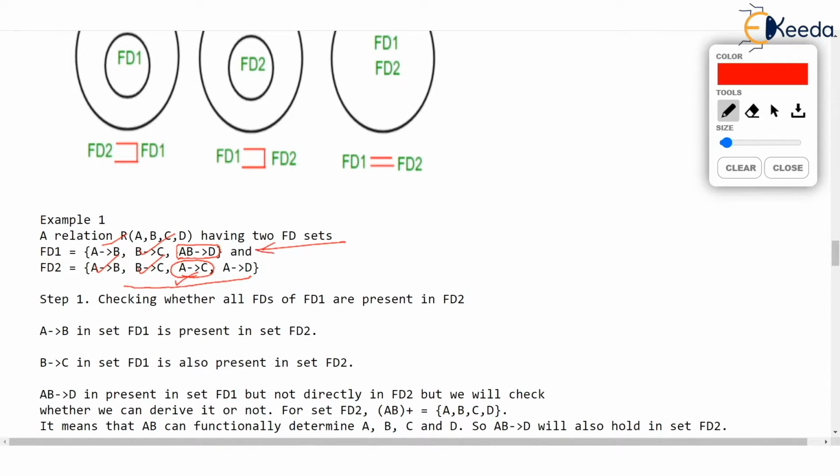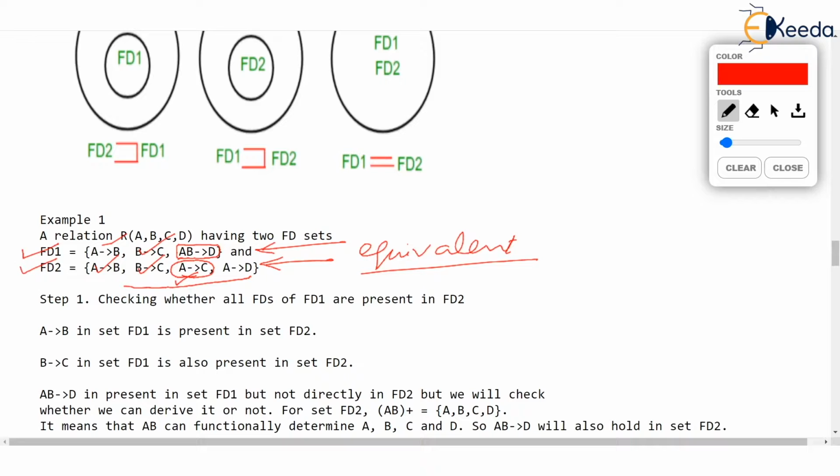By equivalent, what we mean is that they are not exactly the same, but they mean the same. That means whatever meaning is represented by the first FD set, the same meaning, the same semantics, is given by the second FD set also. If both the FD sets are the same, then you can accept any one of them. Then it's your choice because anyway both have the same meaning, same semantics.